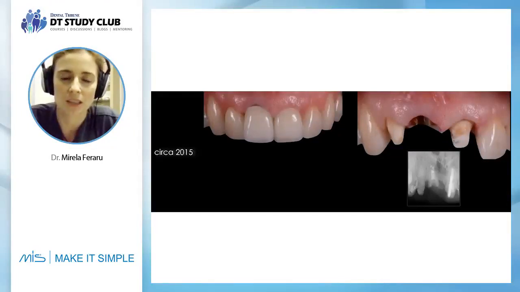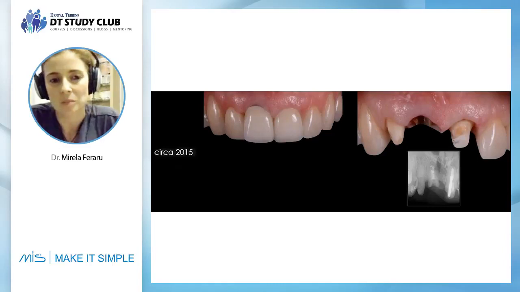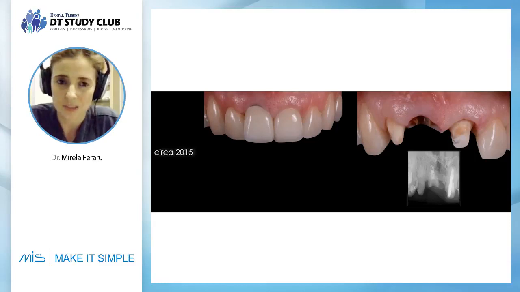And this is a patient that went untreated for some, I don't know, 15 years, I guess. I saw the patient around 2015 when she already came with a hopeless central incisor that had to be removed.